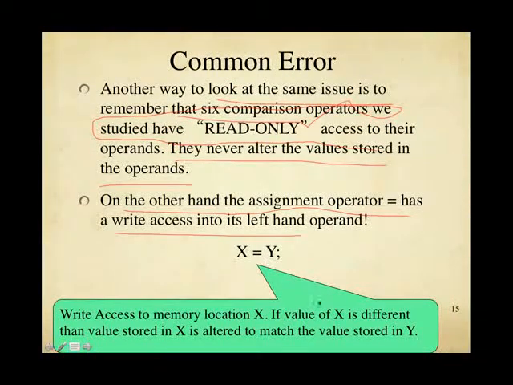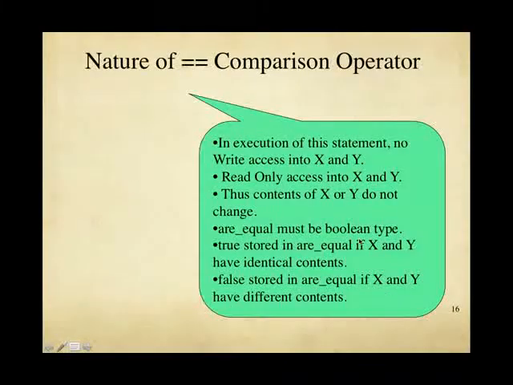If the value of x is different than the value stored in y, then x is altered to make it the same as the value stored in y. So understand this difference, that comparison relational operators only have read-only access, but the assignment operator has write access to the left-hand operand.